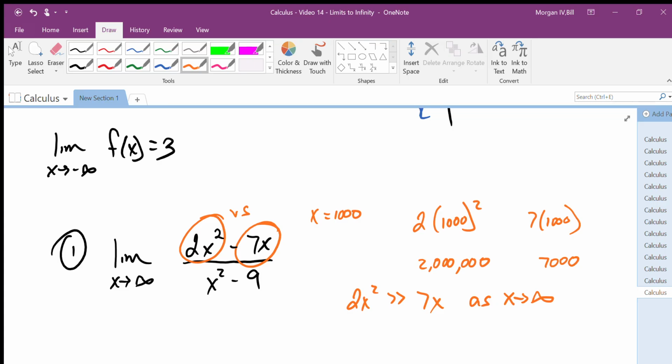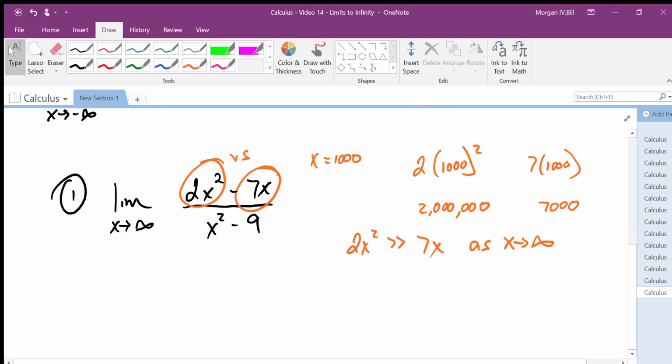And if you made that number even bigger, 10,000, a million, a trillion squared times 2 versus 7 times a trillion, it becomes an even greater discrepancy. What we can say is, yes, I have 2 million and I'm subtracting 7,000, but that's basically the same as 2 million. Just call it 2 million.